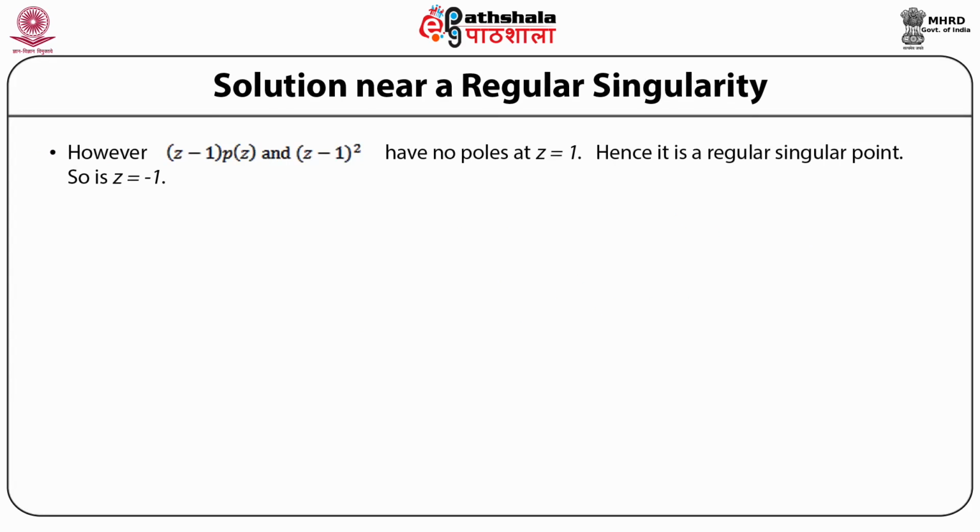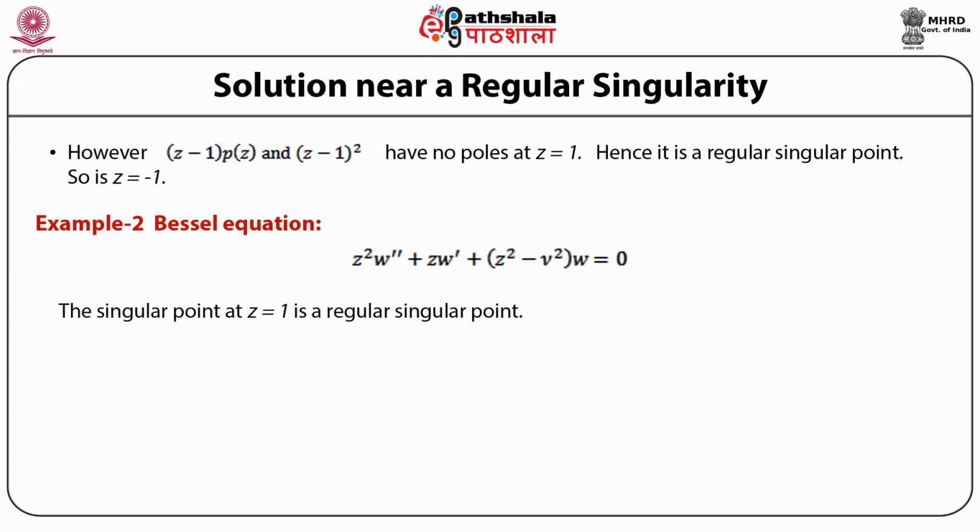However, z minus 1 into p(z) and z minus 1 whole square into q(z) have no poles at z is equal to 1. Hence, z is equal to 1 is a regular singular point. Similarly, z is equal to minus 1 is also a regular singular point. Now we consider another example, which is a Bessel's equation given as z square times w double prime plus z times w prime plus z square minus v square times w is equal to 0.